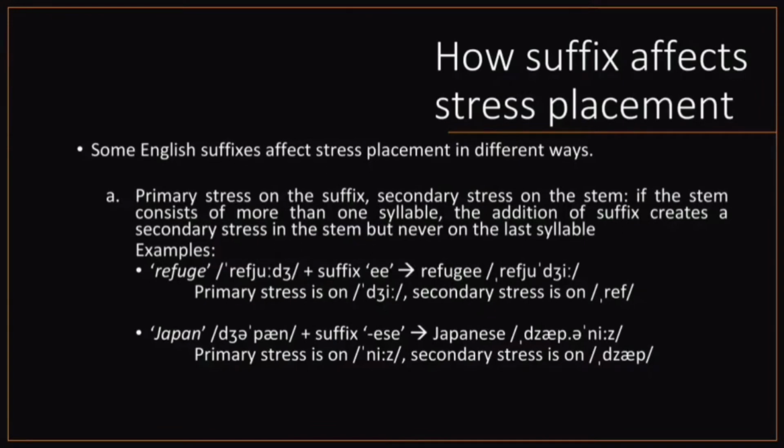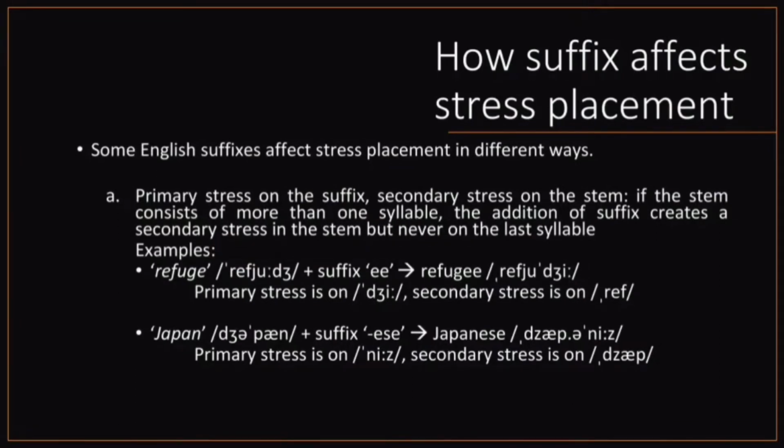If the stem consists of more than one syllable, the addition of a suffix creates a secondary stress in the stem but never on the last syllable. Example: refuge plus the suffix ee, so the word became refugee. The primary stress is on gee and the secondary stress is on ref.